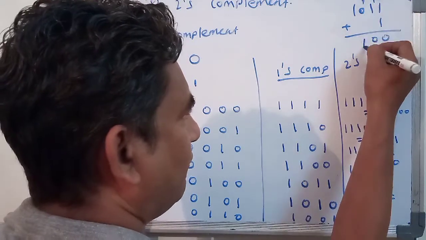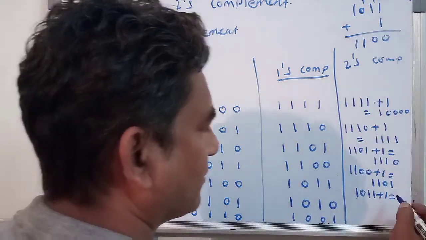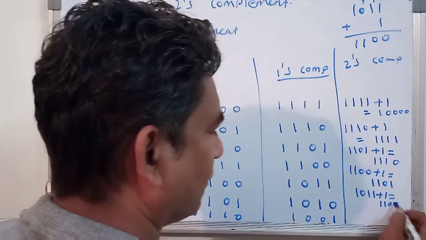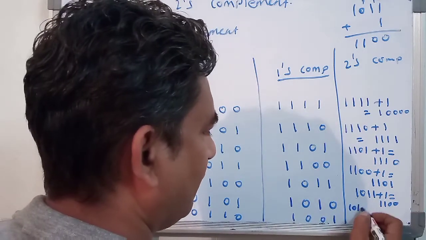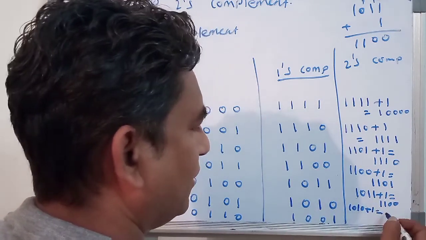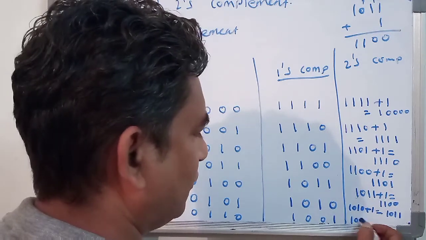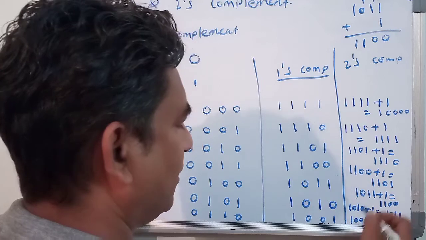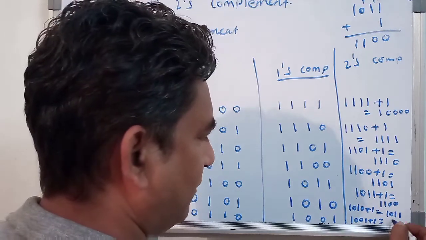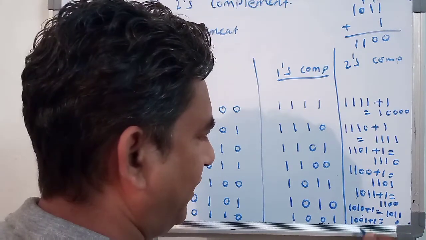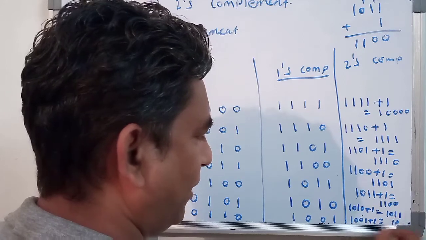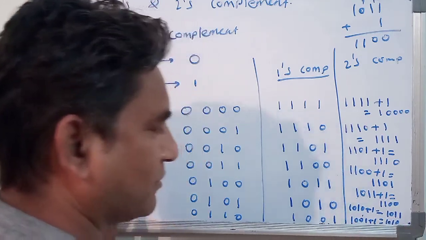So 1 plus 0 is 1, and 1 you have to write down like this. So 1, 1, 0, 0. Then 1, 0, 1, 0 plus 1 is equal to 1, 0, 1, 1. Here 1, 0, 0, 1 plus 1: 1 plus 1 is 0, 1 will be carried here. So 1 plus 0 is 1, and 1, 0 you have to write down like this.